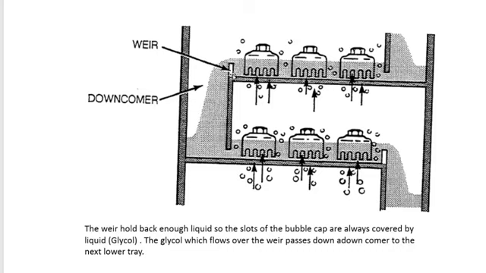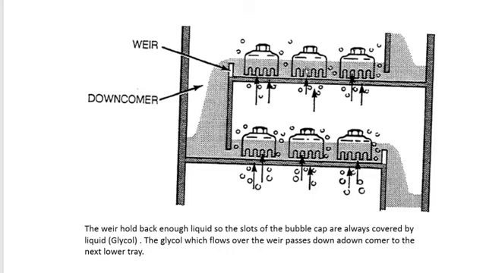Also, we have a weir here. The function of this weir is to hold back enough liquid so the slots of the bubble cap are always covered by liquid glycol.